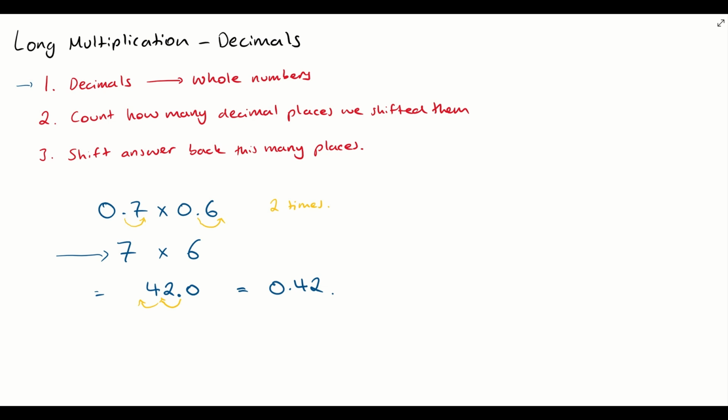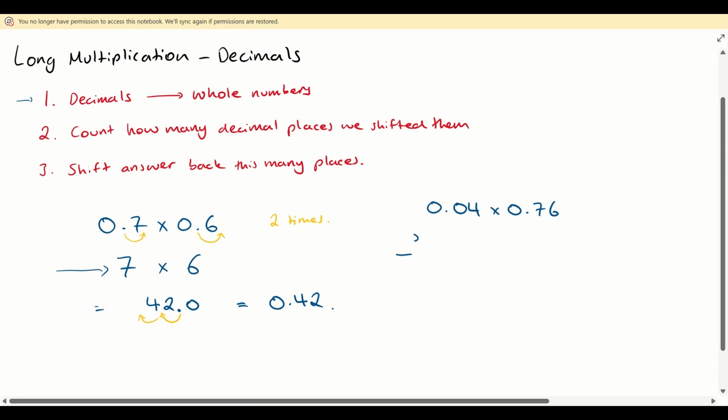Okay, so let's come over to this side, and we're going to do 0.04 times by 0.76. Okay, well, what's going on here? First of all, let's convert them to whole numbers.